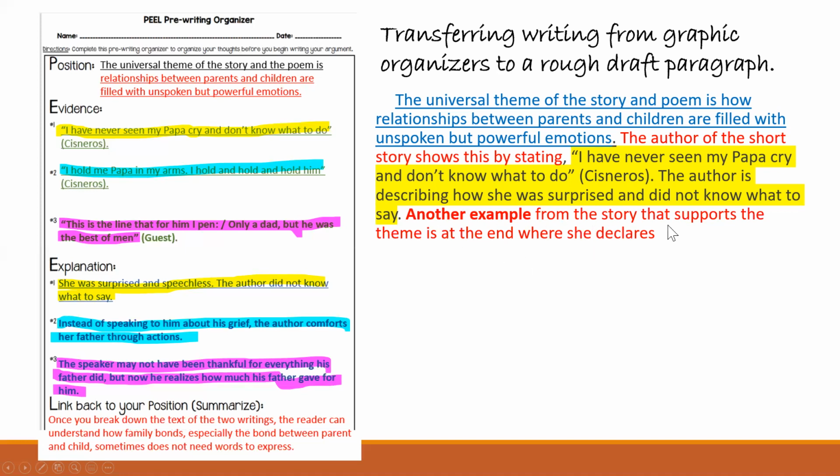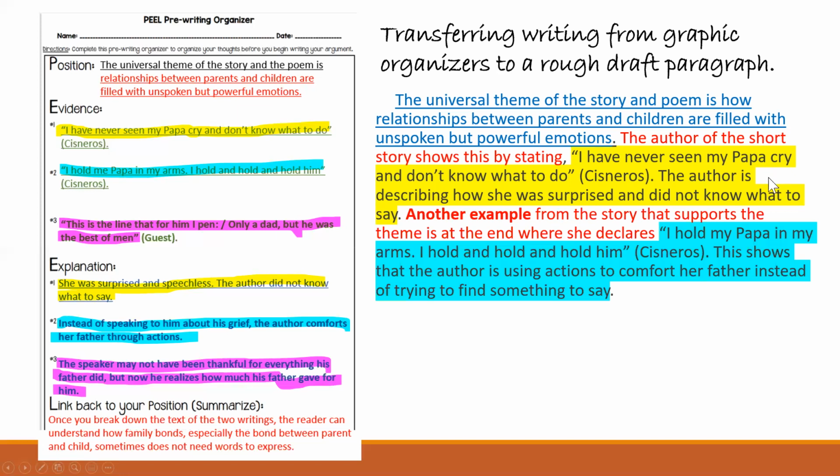Another example from the story that supports the theme is at the end where she declares, all right, and then that introduces our second example from, ironically enough, the short story, okay? It's a little bit longer, not too much longer, really. It says, I hold my papa in my arms, I hold and hold and hold him.